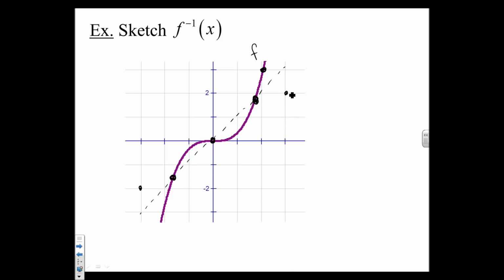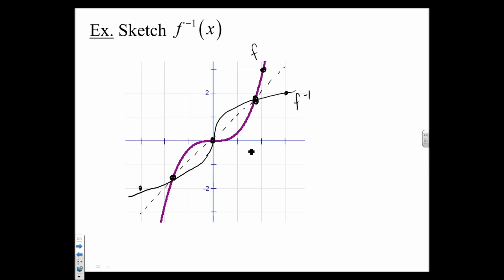And so the f inverse graph is going to be the mirror image of f. We've got a few points to guide our function. There we go. So this would be a graph of f inverse. To graph f inverse, it's going to be the mirror image of f, where the mirror is the line y equals x.